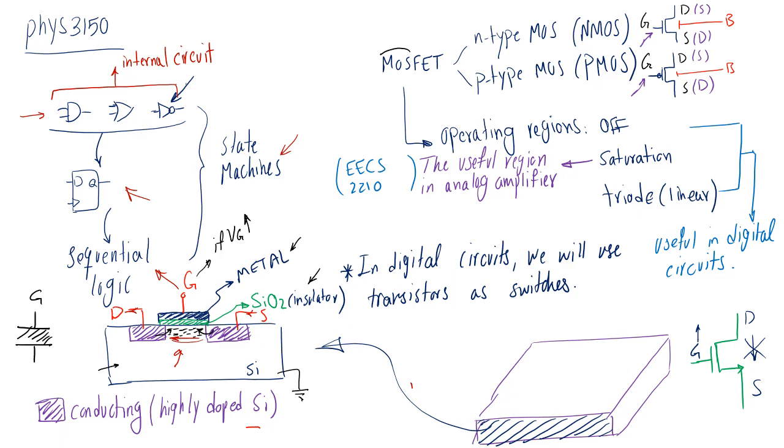For NMOS, I have to make it larger than a certain voltage. So generally, for NMOS, we want to connect the gate to VDD when we want the channel to be there. For PMOS, we want to connect it to ground if we want the channel to be there. We're going to discuss a lot more about this. So if this is too much information and you got a little bit confused, don't worry. We're going to talk a lot more about these two devices.